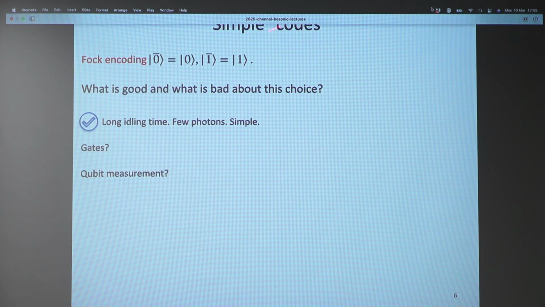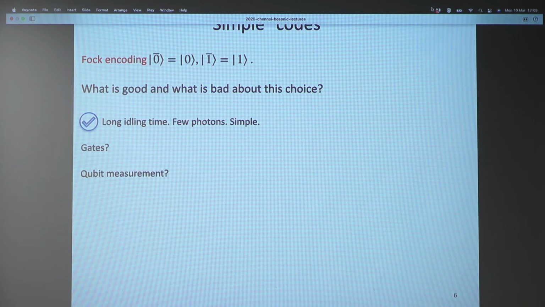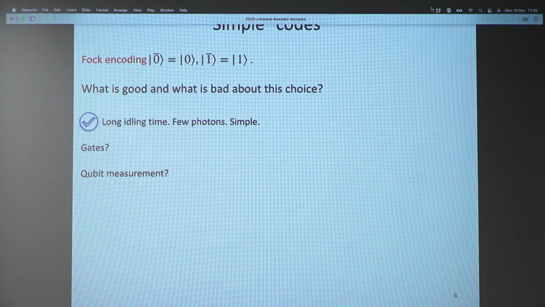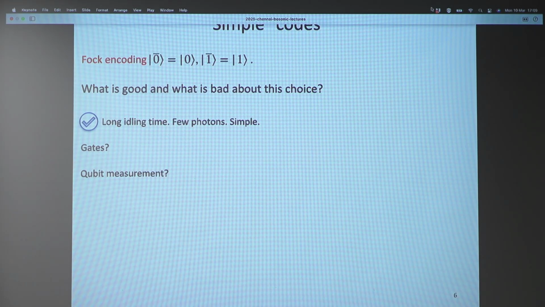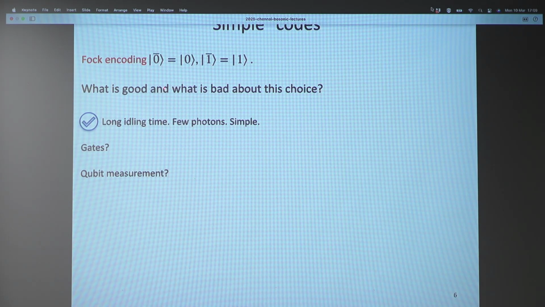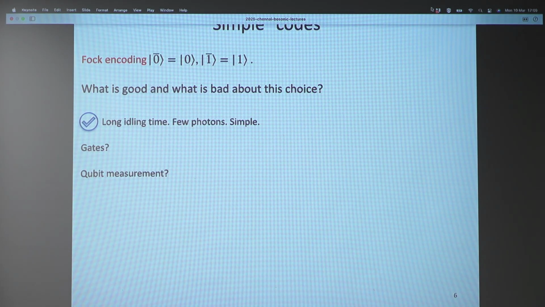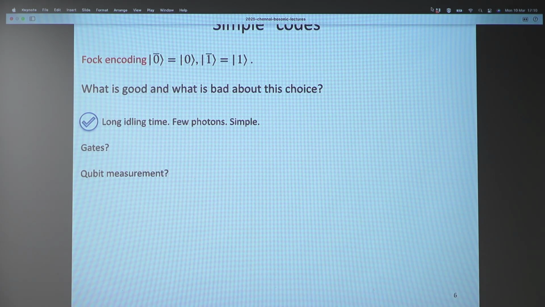So if we say, I want to do a qubit rotation in this space, that's hard. Now you could say, do I really need to do a qubit rotation? Can I come around this? I think these are kind of interesting questions. But how do I also measure this? I could be measuring the parity, whether I have an even or odd number of photons. That would be a measurement, right? If I could do that measurement, I could distinguish 0 and 1.